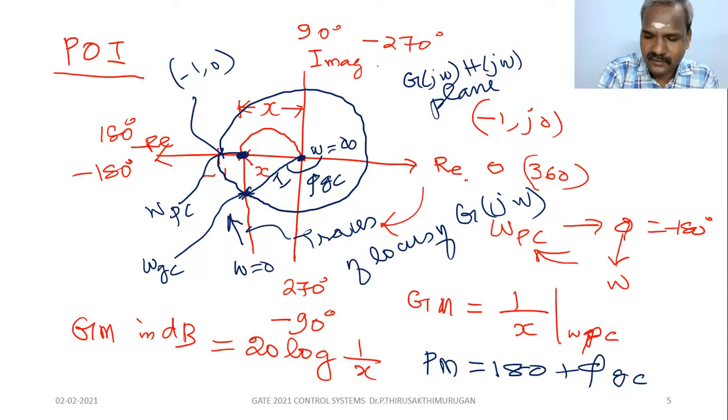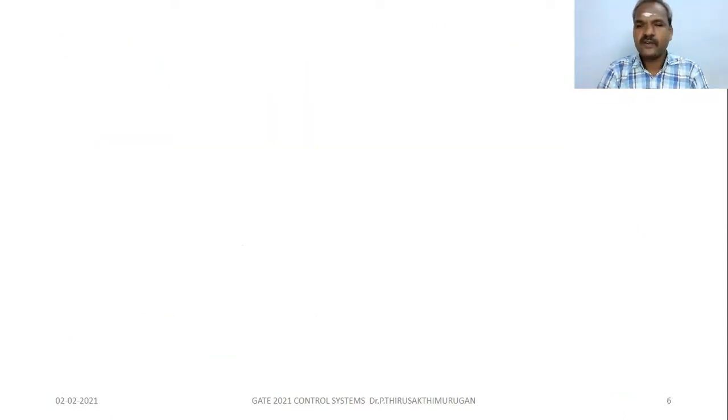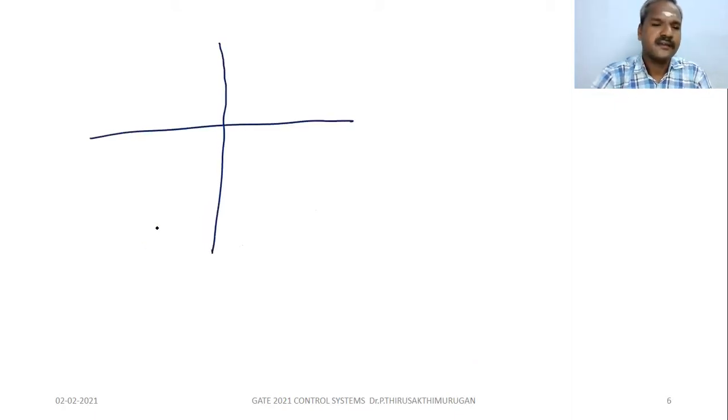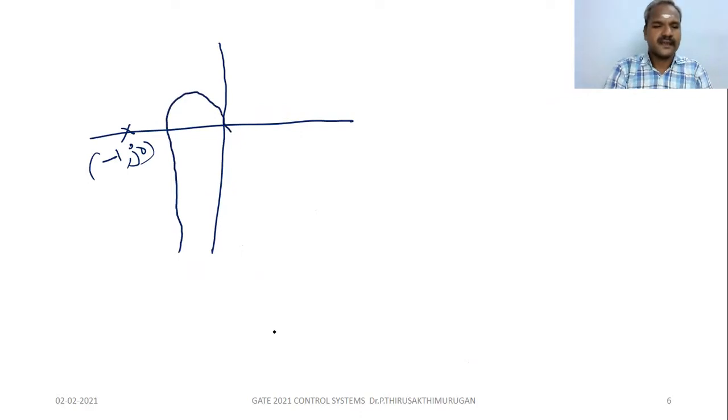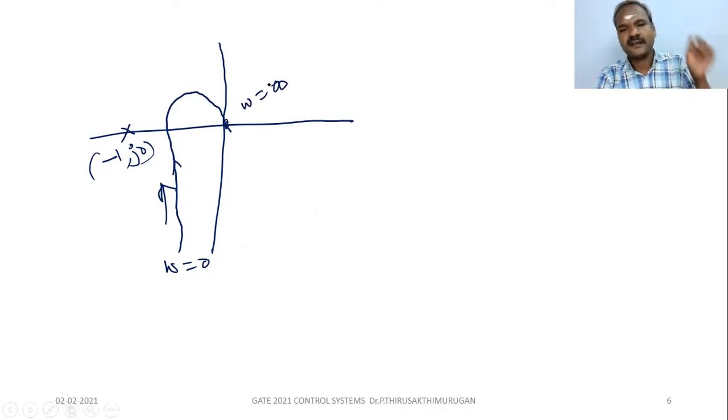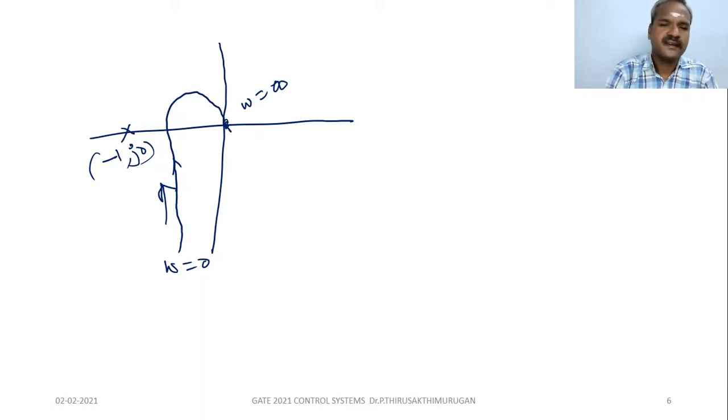So then what about the region of enclosure? Suppose this is the point where -1, j0 occurs. When we vary the G of j omega plot, it starts here at omega equal to 0, omega is increasing, and it terminates at omega equal to infinity.